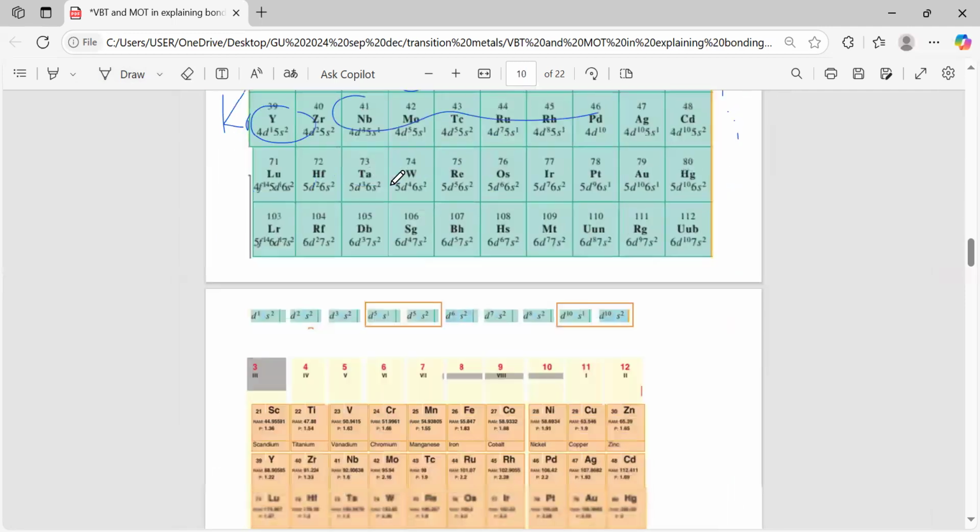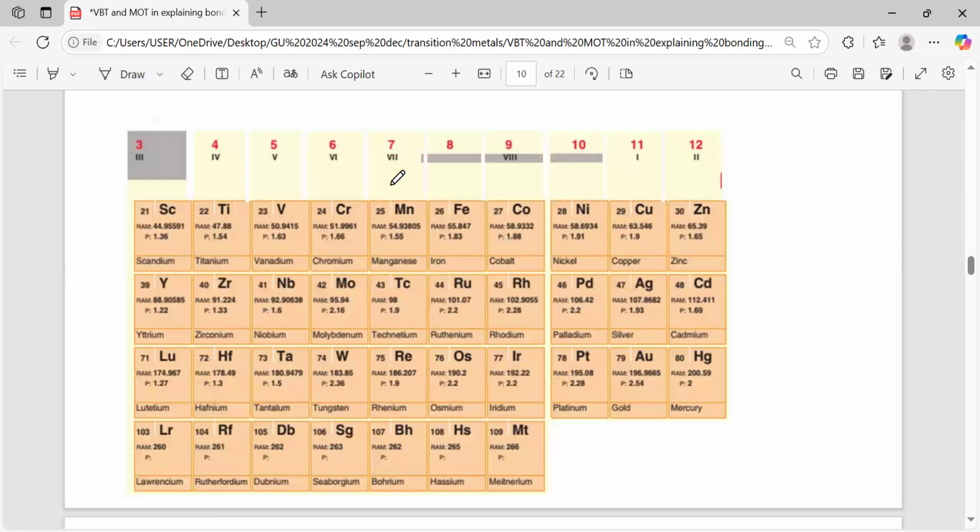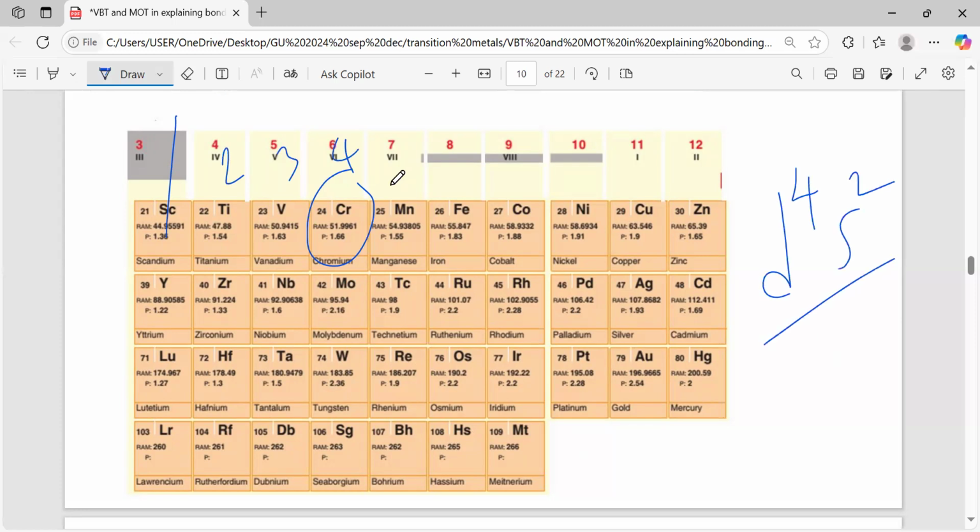If we use this periodic table, which you'll now be using commonly, we look for chromium, it's here. It is a D4. This is D1, D2, D3, it's a D4. So what does D4 mean? It is D4 S2, which can be rewritten as D5 S1.